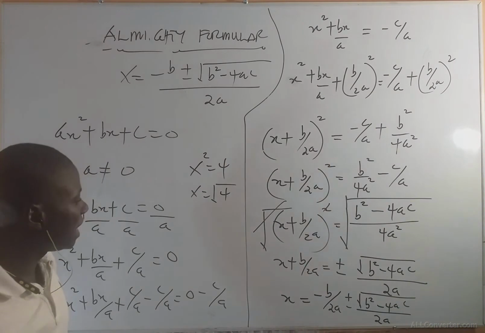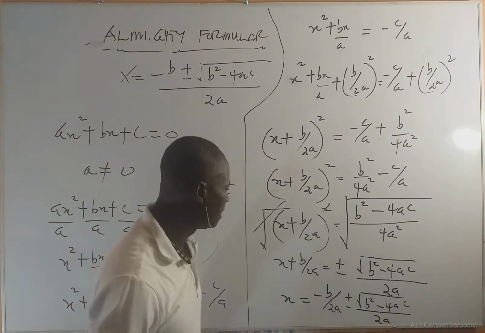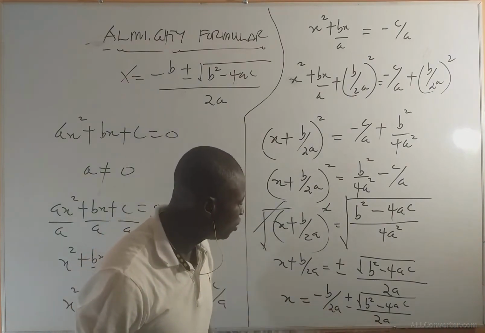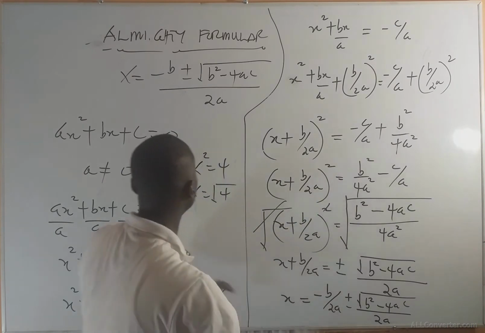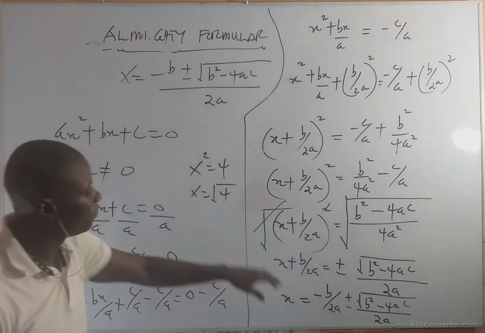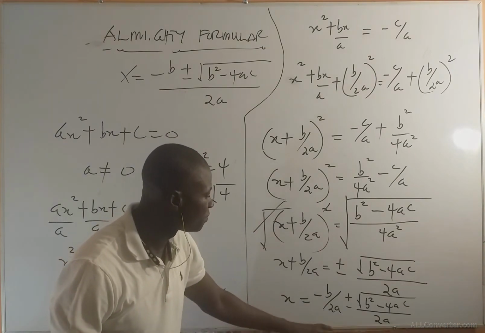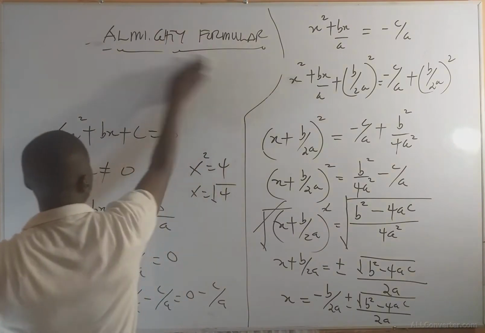So if you look at this, a step down, if you simplify, you can find the least common denominator. The 2a here, 2a here. If you find the LCM or the least common denominator, you will come back to the same formula so you understand what is really happening.